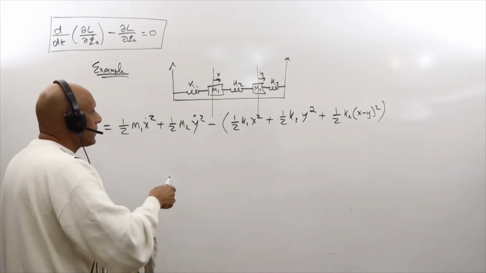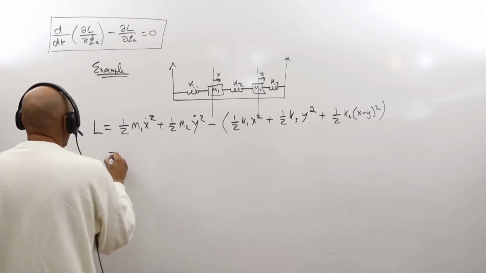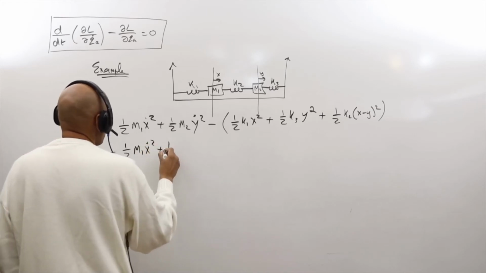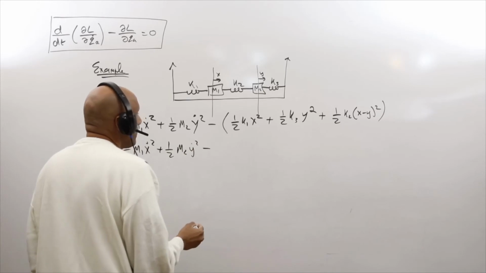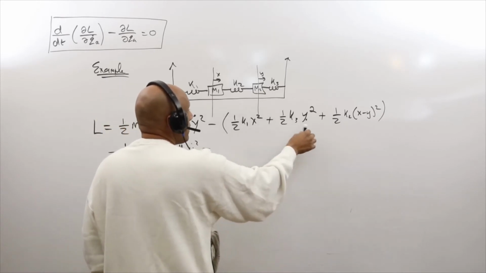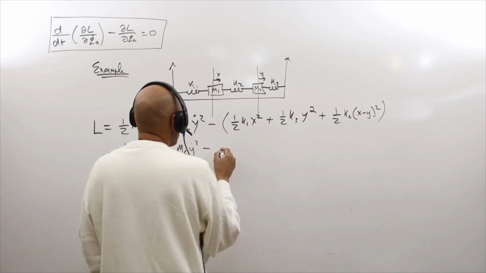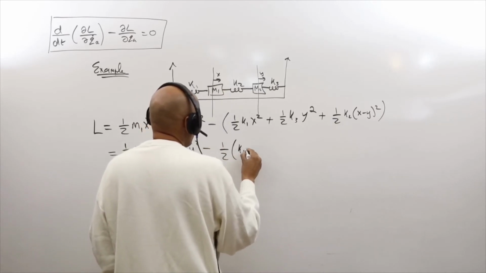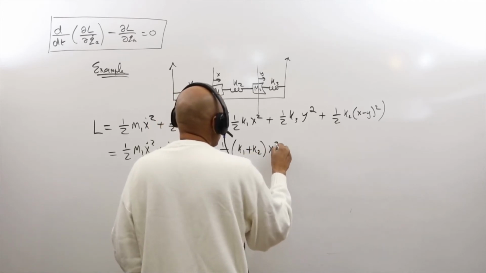And I'll try to reduce this a little bit so that we get these terms out of the way. So I'll write this as 1/2 m1 x dot squared plus 1/2 m2 y dot squared. There'll be an x squared coming in here from k2, so I'm going to absorb that into 1/2 of (k1 plus k2) x squared.